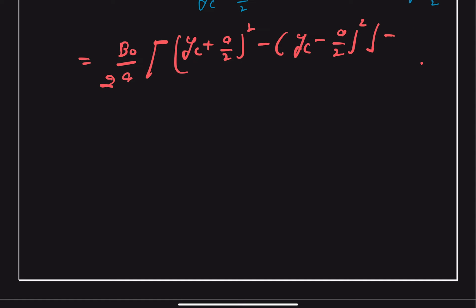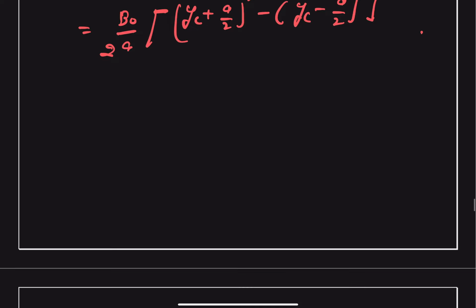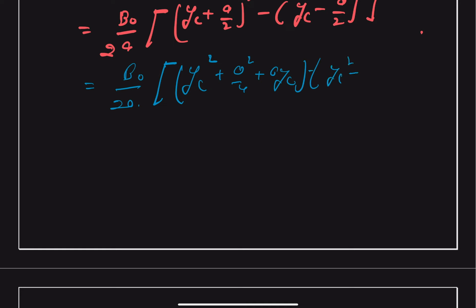My mistake, let me solve it. This will be coming as b naught upon 2a times yc square plus a square by 4 plus a yc, minus yc square plus a square by 4 minus a yc.